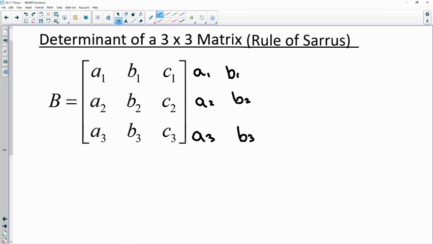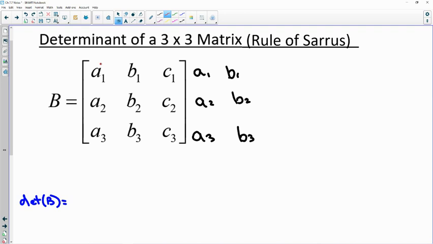So the rule of Sarrus goes something like this. The determinant of B is equal to, and I'm going to write this kind of small because it takes a little bit of space. You guys remember how I mentioned using Leibniz's formula, you're going to do the down diagonals first. There are only three down diagonals here.